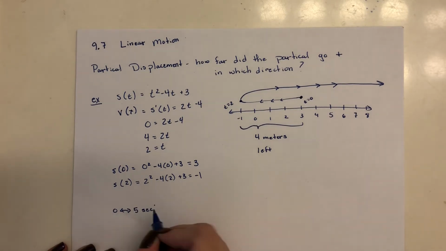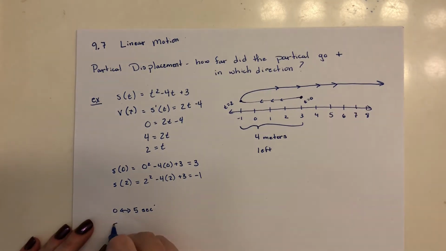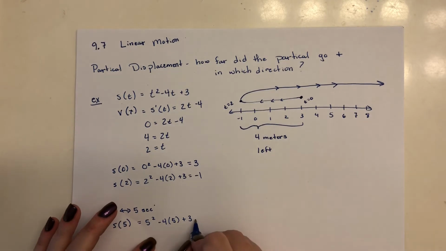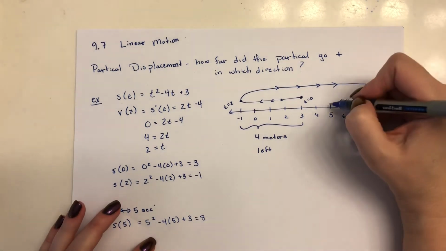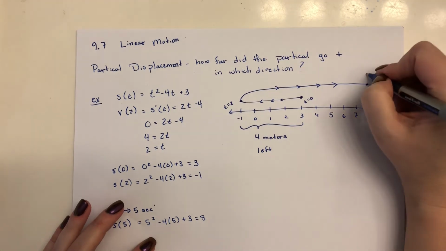I don't know exactly where it is on here because this is a rough sketch, so I'm going to put in and find the position at time 5. If I put that in, I'll have 5 squared minus 4 times 5 plus 3. So it looks like it's going to be at 8. So at time 5, it's all the way over here at 8. So that's t equals 5.